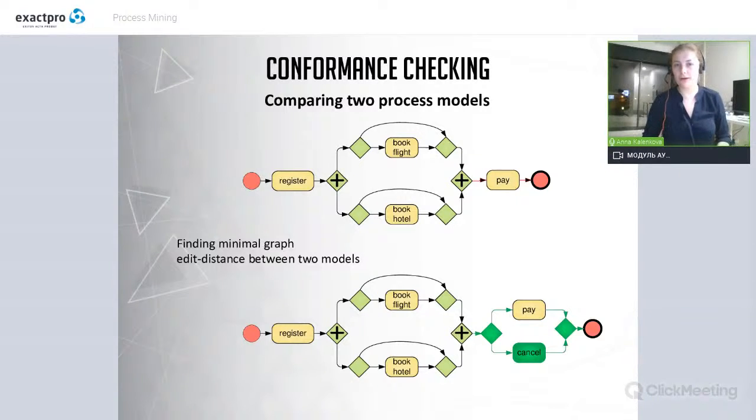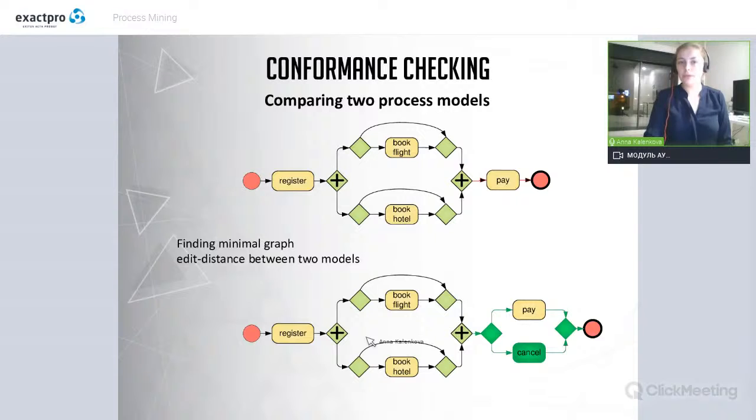And now we want to find the differences between these two graphs, and here we can apply the so-called minimal graph edit distance. This is the minimal number of operations we have to perform to transform one graph to another. If we have the first graph you can see at the top of the slide, we have to remove two arrows around the pay activity, and we have to add the construction in green that connects the pay activity to other parts of the graph.